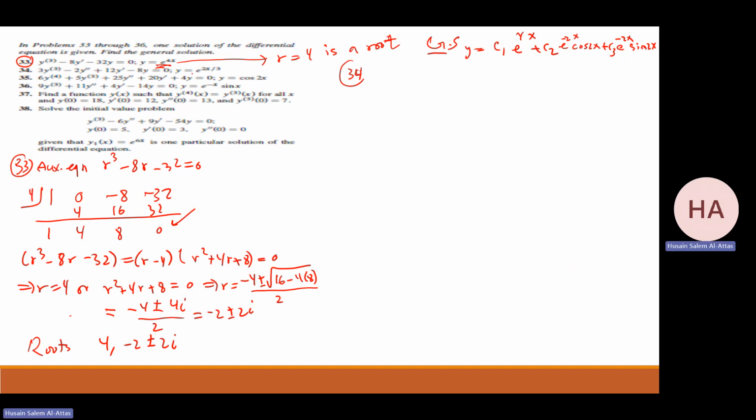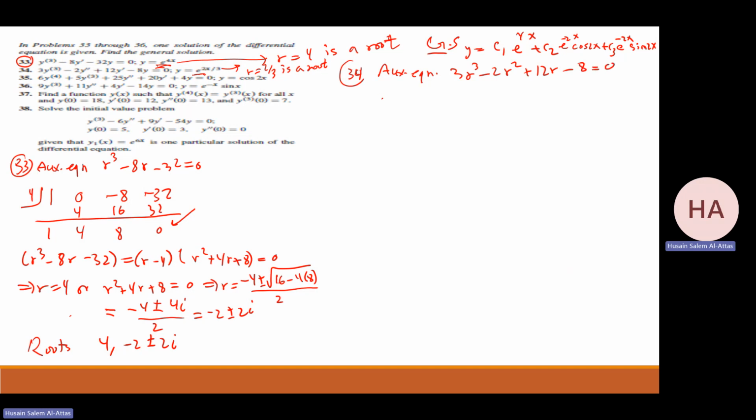34. Same idea. He gave me one solution. So for sure, r equals 2 over 3 is a root without solving. That will be out. Okay. So that's with the auxiliary equation: 3r cubed minus 2r squared plus 12r minus 8 equals 0.